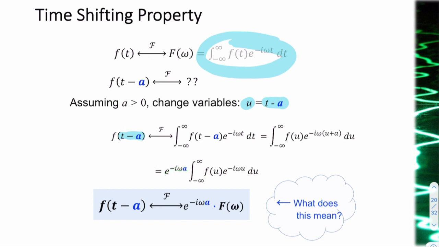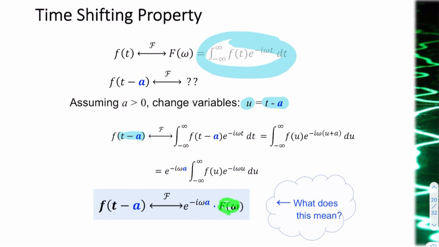Now, that gives us this, which if you look closely, this is exactly how a Fourier transform will look. So all of this is simply the Fourier transform of f of t, i.e. f of omega.